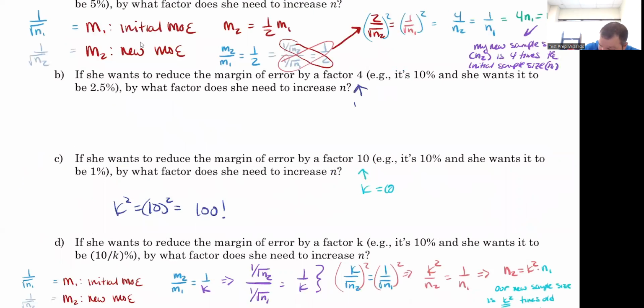In question B, my K is 4, so K squared equals 16. If I had, say, 80 people in my initial sample and I want to reduce the margin of error by a factor of 4, 80 times 16 would be 1,280. You need 1,280 people now in your sample.